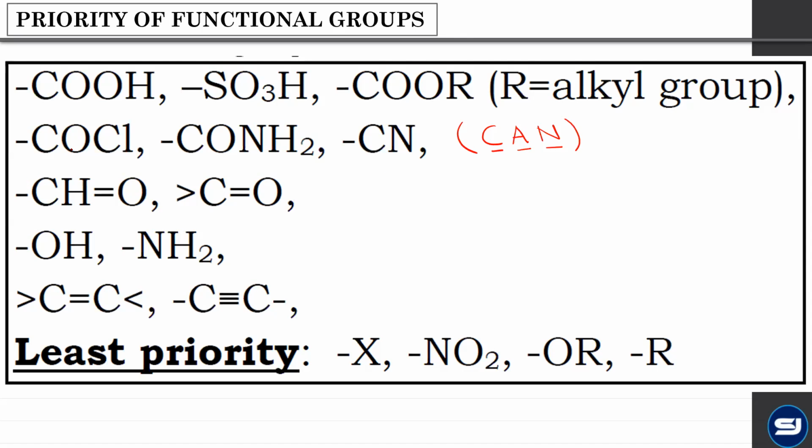Acyl chloride is COCl, amide is CONH2, and cyano or cyanide is nitrile, CN. Then you have AK47, that is aldehyde and ketone. Then you have double A, alcohol and amine. Then again double A, alkene and alkyne. And then the least priority groups, which I have already mentioned earlier: halo, nitro, alkoxy and alkyl.